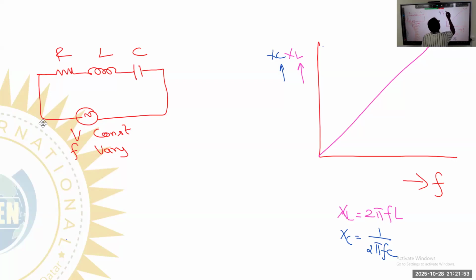So we have a graph like this. In this way, as we increase the frequency, XL is increasing and XC is decreasing. What about the resistance? Resistance is independent of the frequency. Whether the frequency increases or decreases, the resistance value never changes.